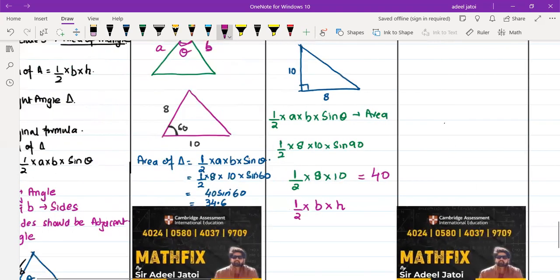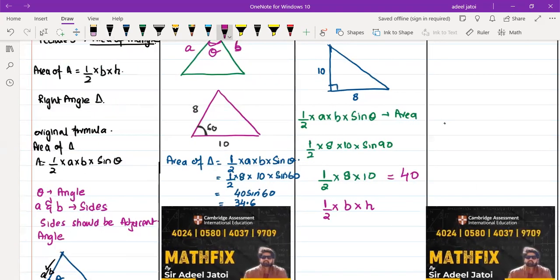However, the original formula, half into A into B into sine theta, is used for any triangle that is given.